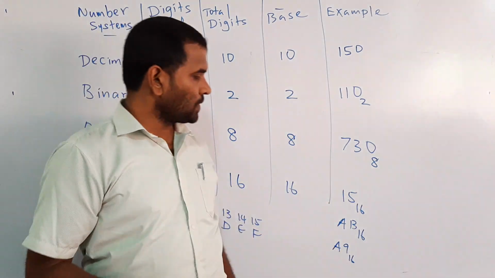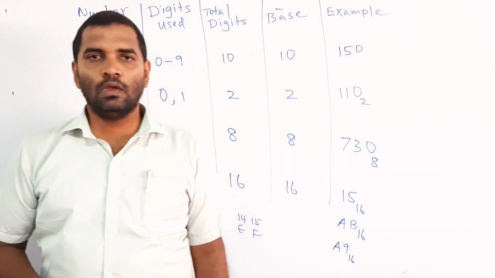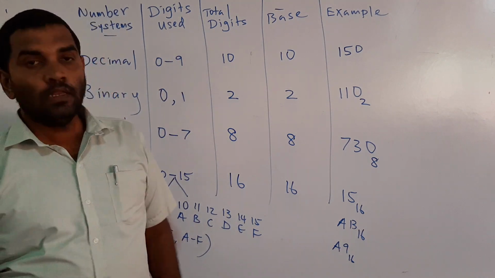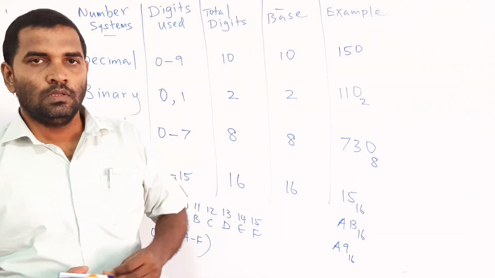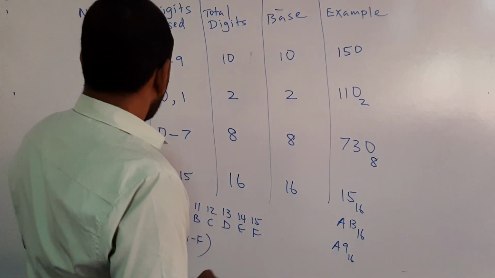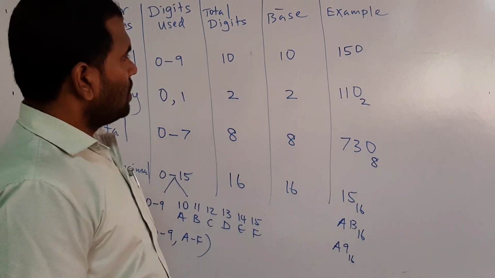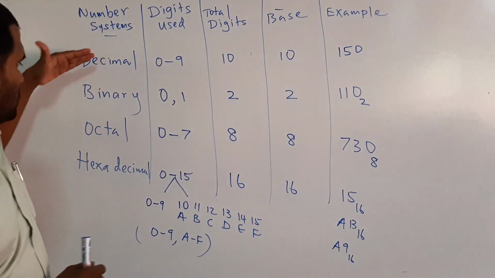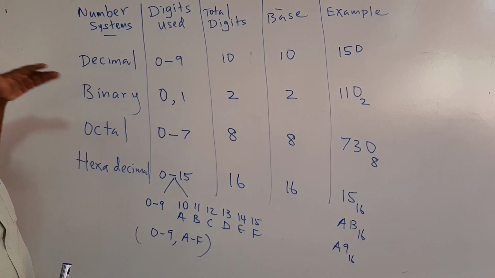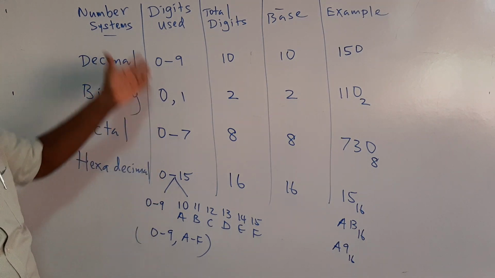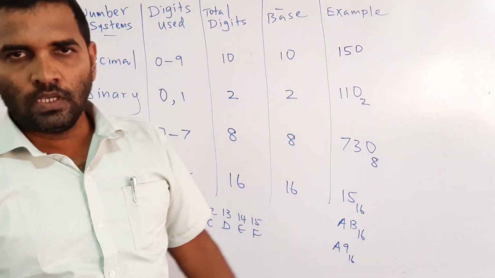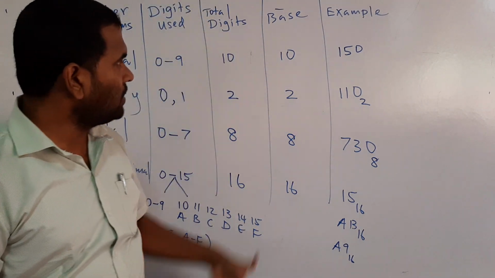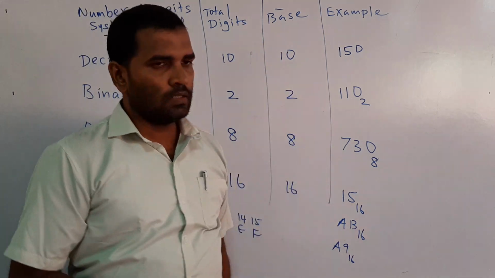So we can have three different types of numbers in hexadecimal number system. Right, so these are the 4 different number systems: decimal, binary, octal and hexadecimal, and their basic characteristics, their digits used, the total digits and the base value, and some examples.